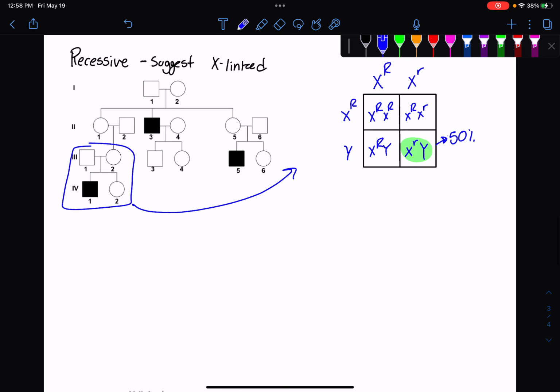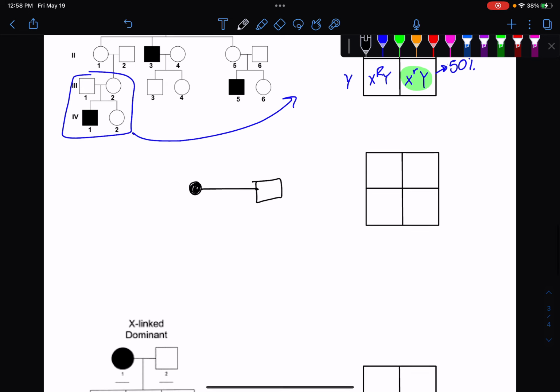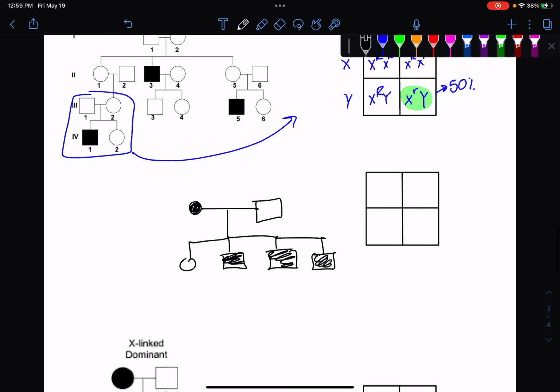Okay. And if the mother, for instance, was affected, so let's do one where the mother's affected and the father's unaffected, we pass down, and we have a girl, a boy who's affected, another boy who's affected, another boy who's affected. When the mother is affected in an X-linked recessive, she will be big X, little r, and the father's not affected, so he's going to be dominant.